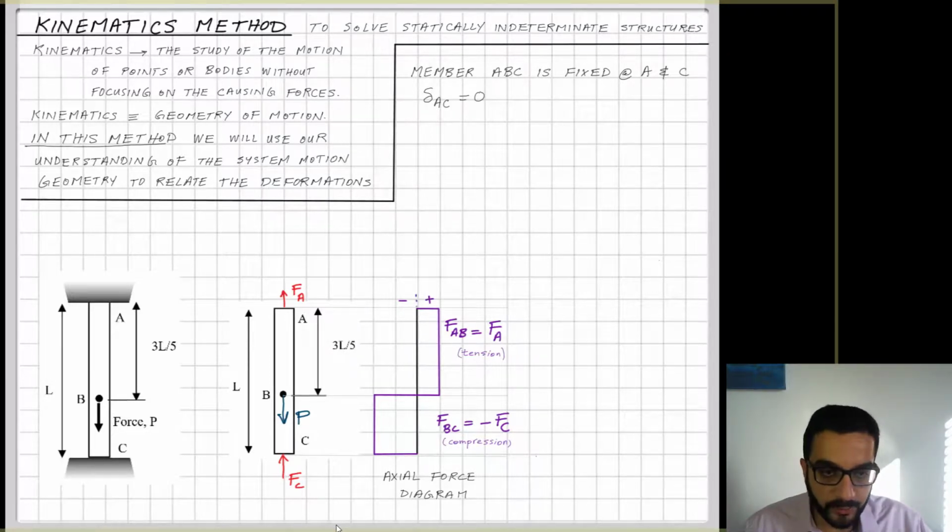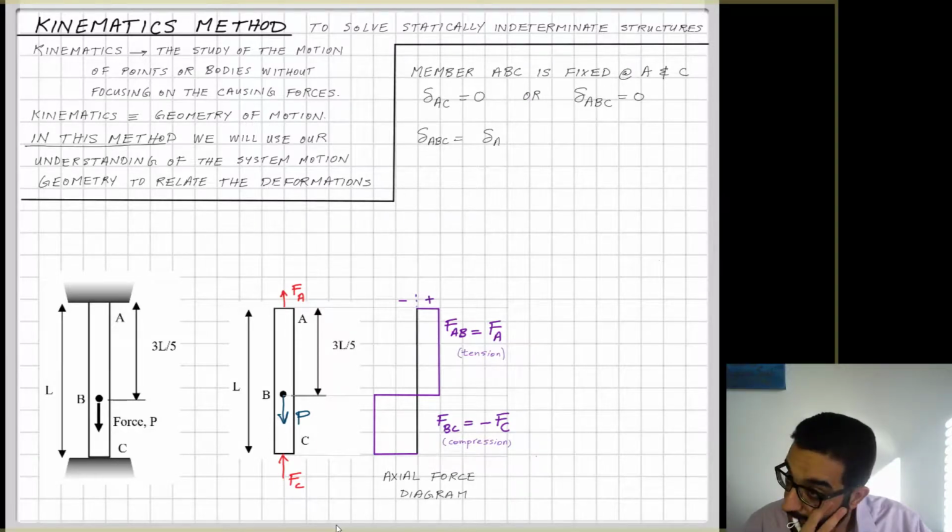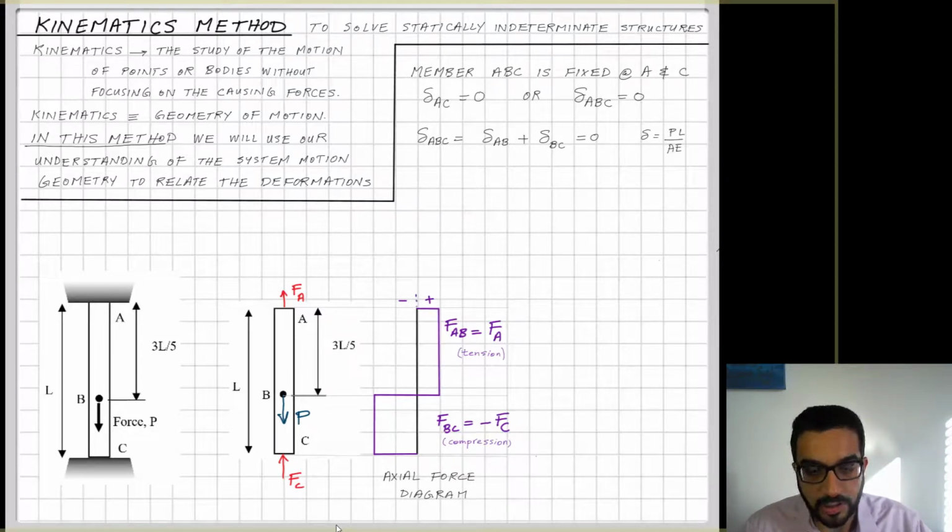Now I have two points fixed, so I can say delta AC is equal to 0. I can expand on that and say delta ABC. I can break this length AC into AB and BC and say that the accumulation of the deformation along the length of AB and along the length of BC will add up to the displacement of C relative to A, which from the support conditions is equal to 0.